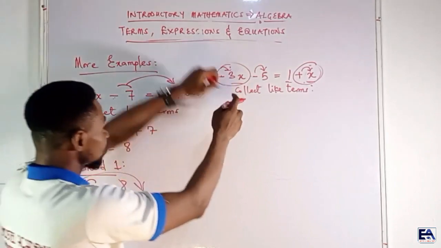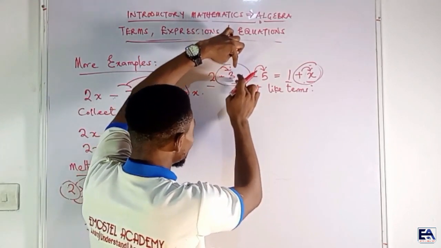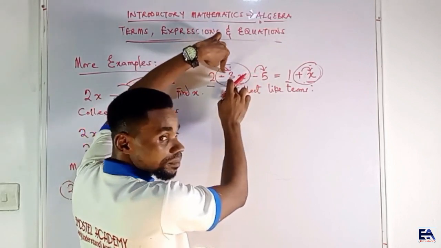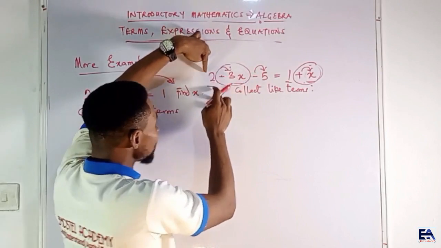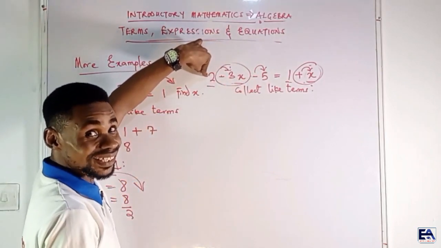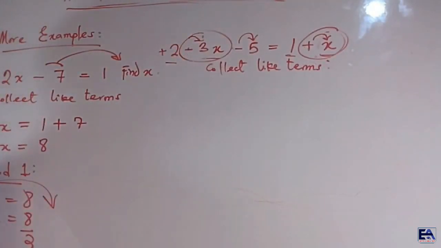But in this case, only the number that follows the minus or the plus is entitled to the sign. This is not entitled to it. You get that? Then you may be asking me, so what is 2 entitled to? It is entitled to a sign actually. The sign is plus. It's an invisible plus.